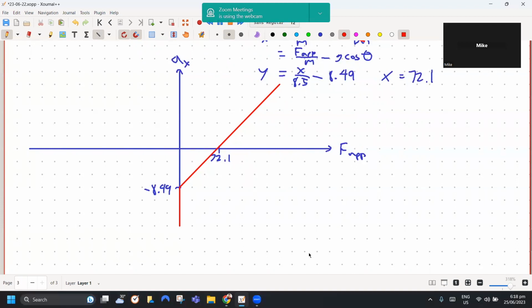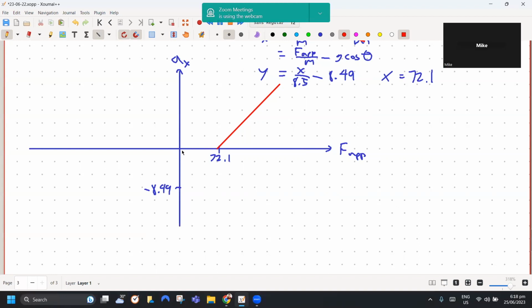What's the acceleration? 0. So, bakit all yan of yung graph? So, basta right at 72.1, magiging 0 na siya.